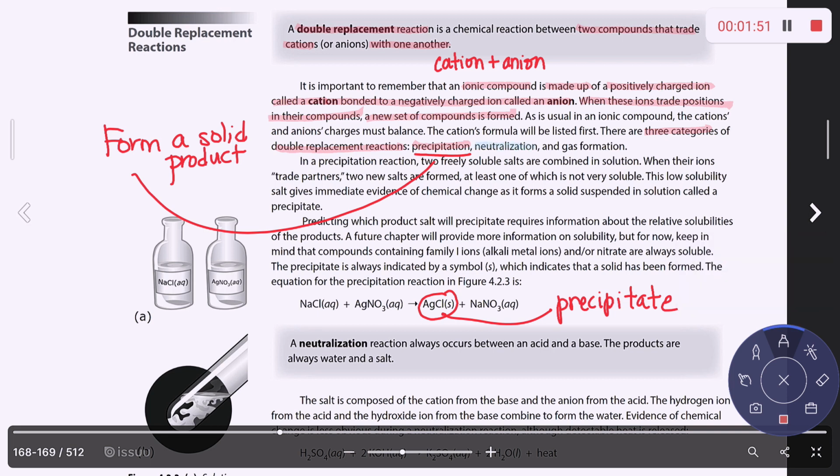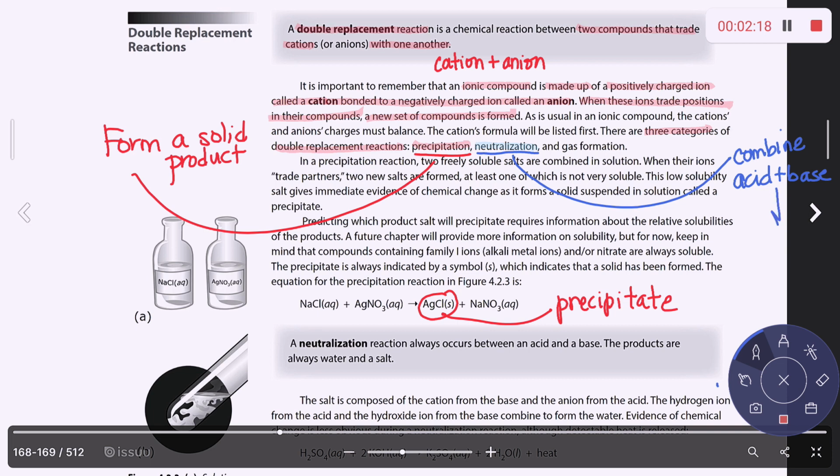Okay. The second type of double replacement reaction is called a neutralization reaction. And you guys have actually already done this in a lab. So neutralization reactions are when you combine an acid and a base and it should feel a little bit warm after you combine it, which is a form of evidence that a chemical reaction occurs.